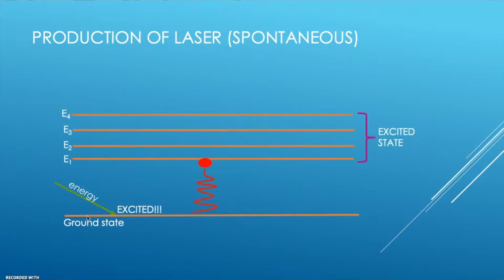Eventually, it jumps to a lower energy level, and the atoms emit electromagnetic radiation whose energy is carried away by a photon. So this emission of electromagnetic radiation due to electrons jumping from higher energy levels to lower energy levels in a random manner is known as spontaneous emission.